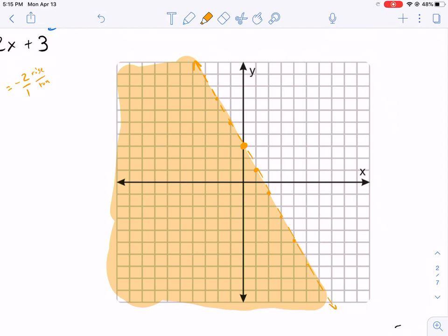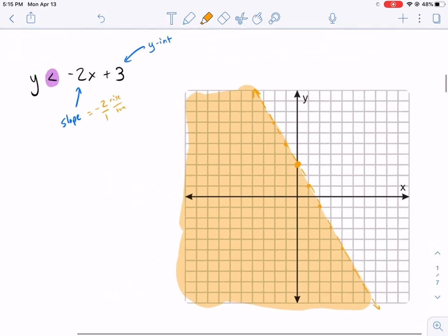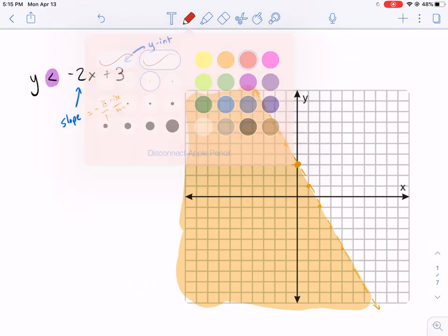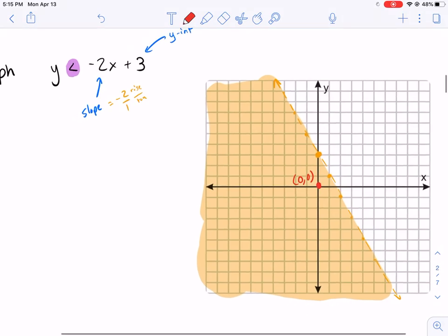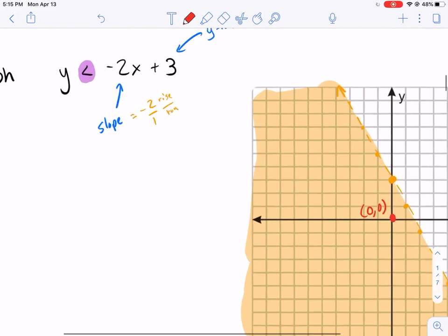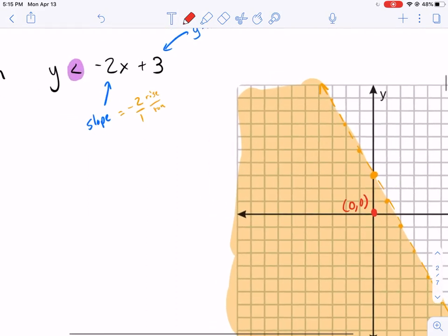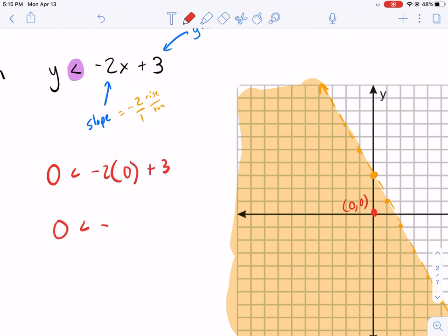Quick recap, why is it below the line? Well, let's pick a point that is for sure below the line. The point 0, 0. 0, 0 is easy because the inputs are way easier to deal with. So if I plug in 0 for y, negative 2 times 0 for x plus 3. 0 is less than negative 2 times 0, which is 0, plus 3.